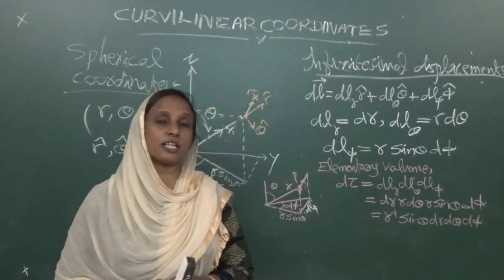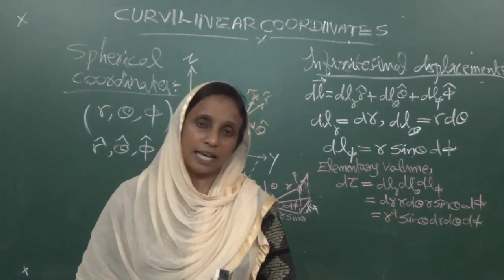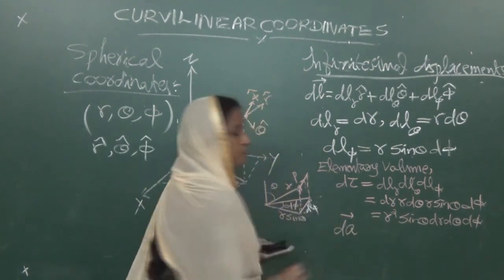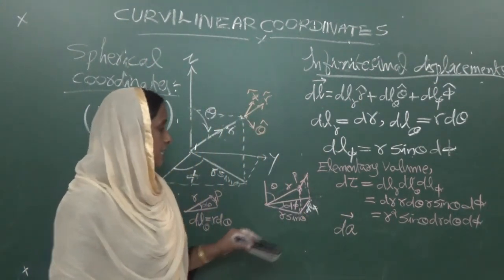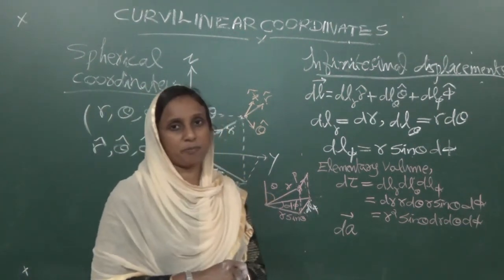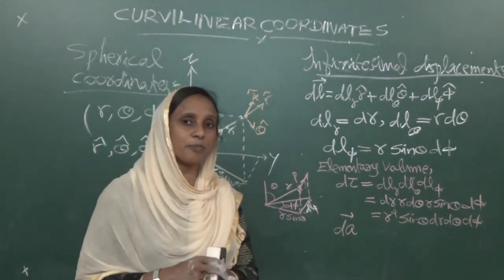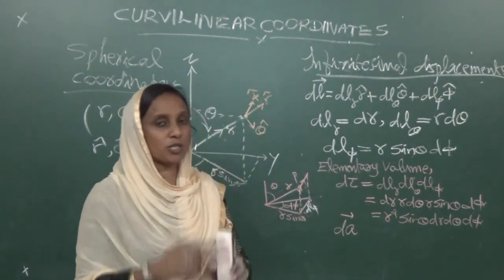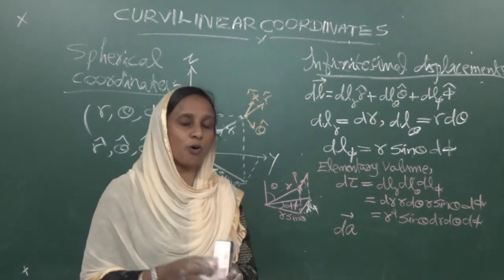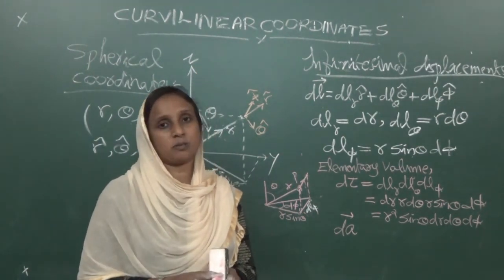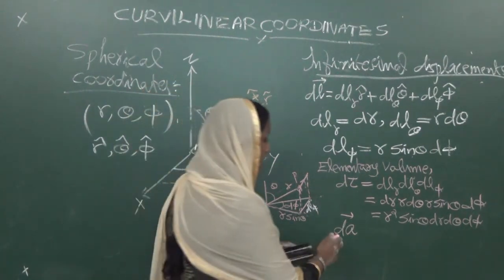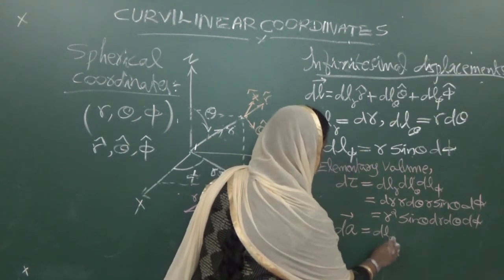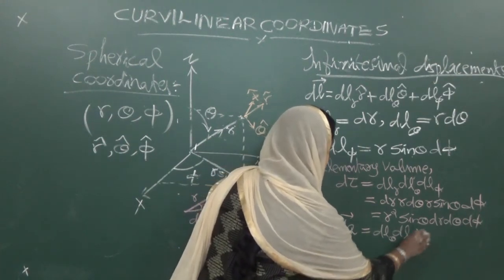Similarly, you can write different areal components. That means dA, the areal vector. If you treat the areal vector along r cap, that means dl_theta dl_phi r cap, because the areal vector always points normal to the surface.